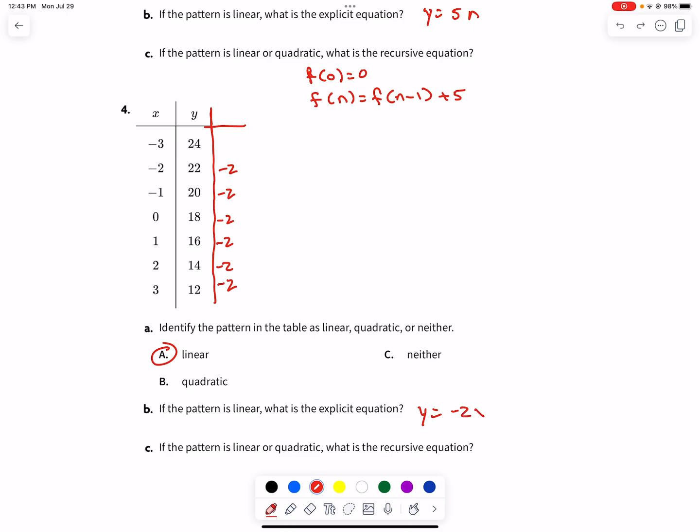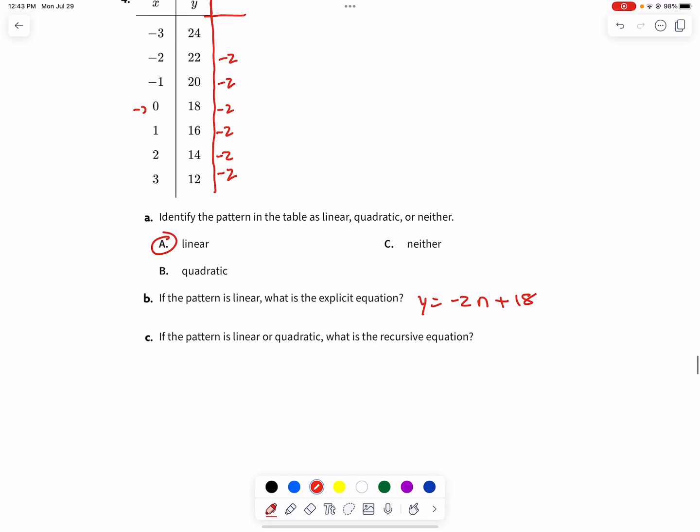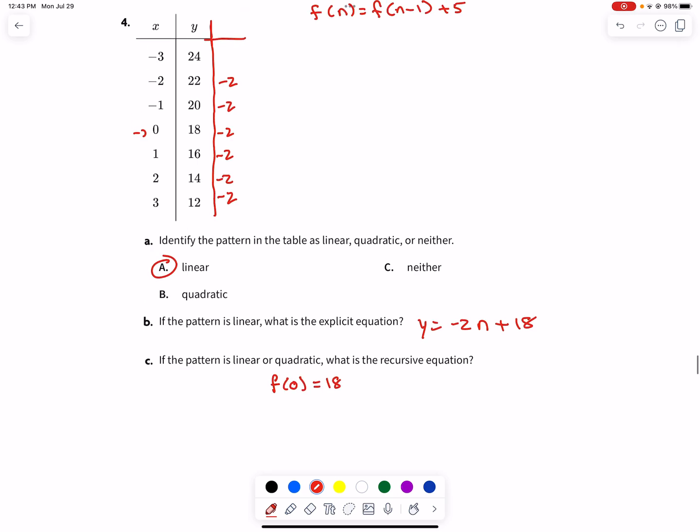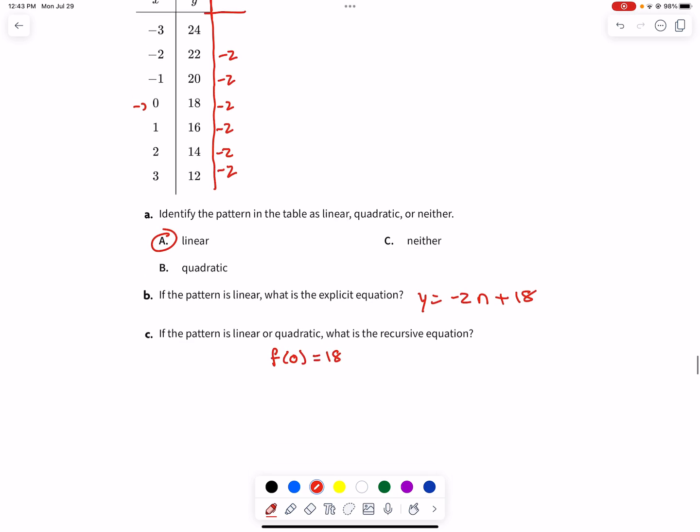Oops, I'll write n. Plus, looks like 18. Okay. Again, I like using f of 0 as 18. You certainly may use f of negative 3 as 24. And you can write plus negative 2 or subtract 2. I don't care.